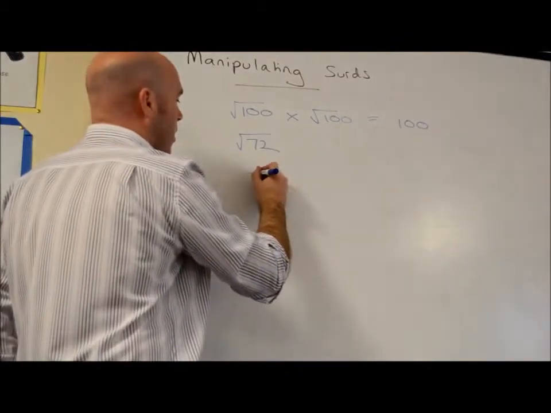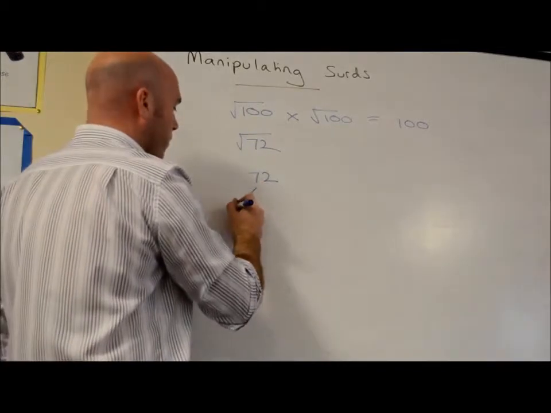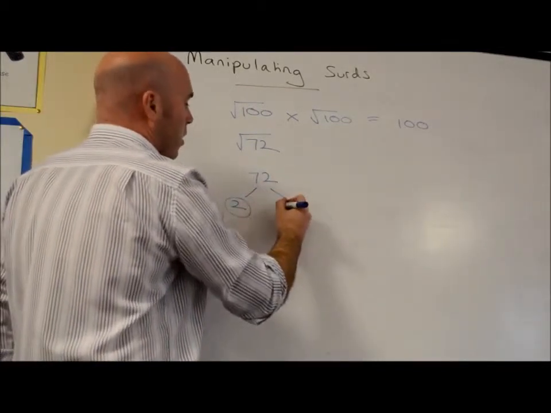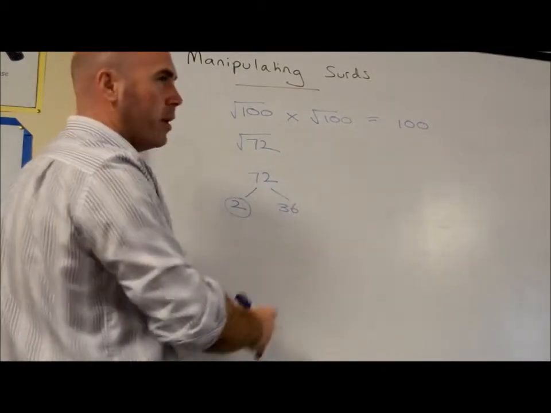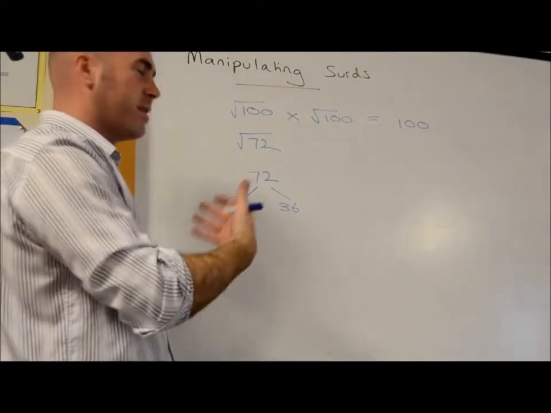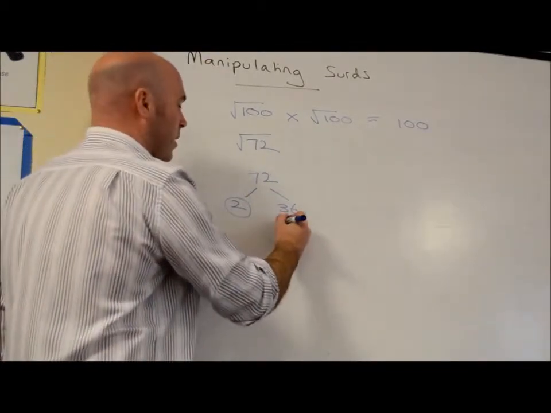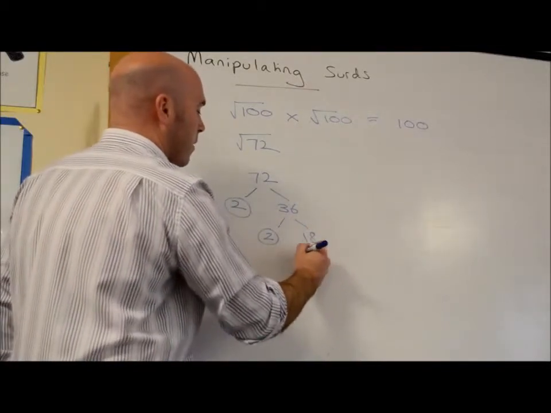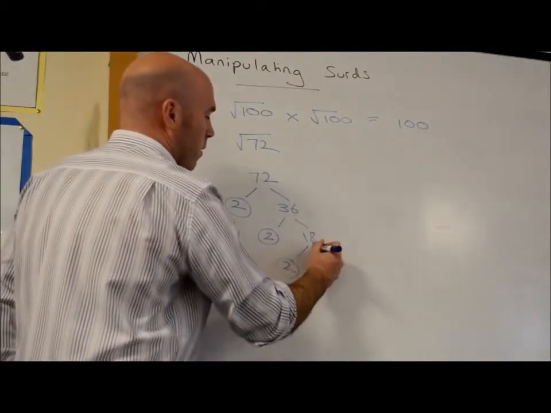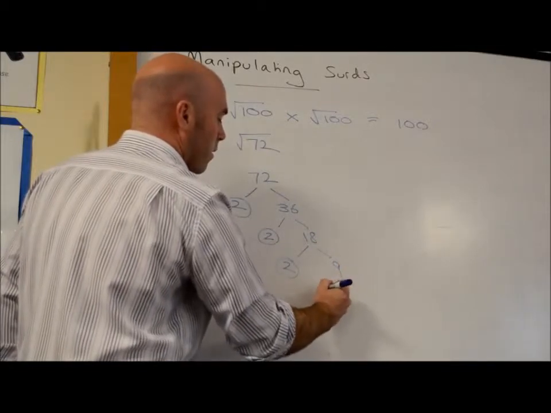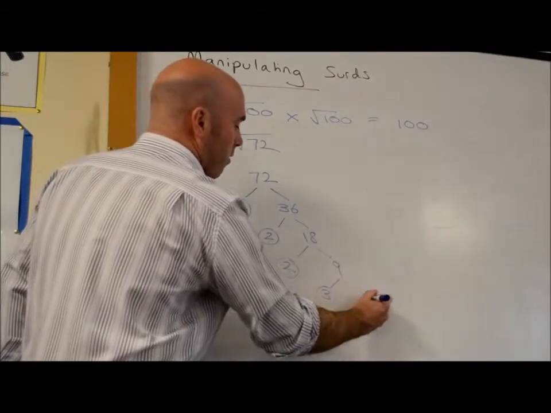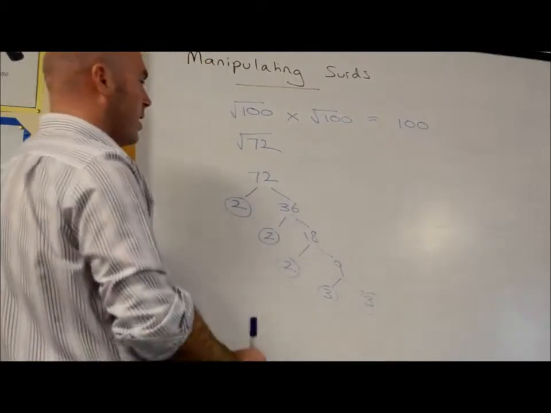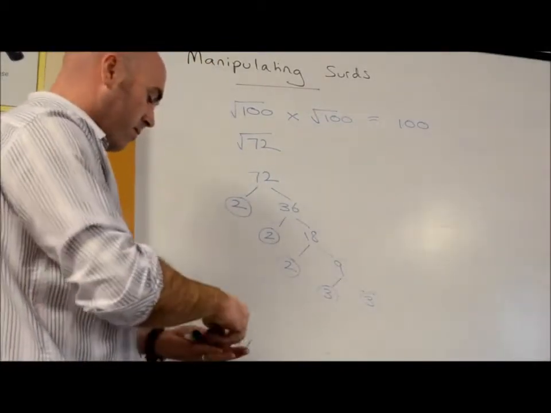So I do 72, it's even, so I'll pull out a 2, I get 36. Now at that point, you might already see that I've got a square factor. Pull out a 2, 18, pull out a 2, 9, 3, and 3.